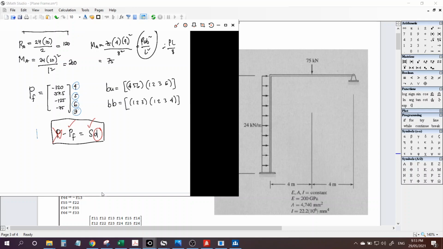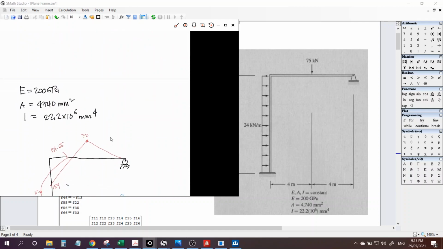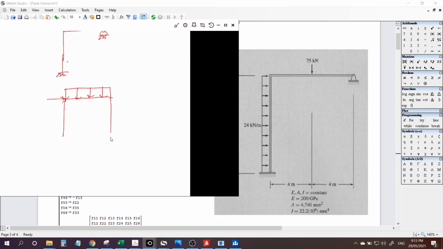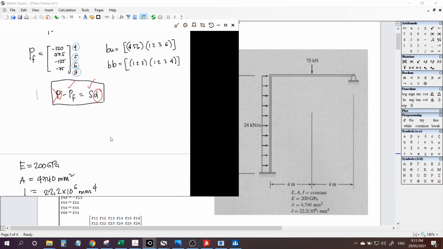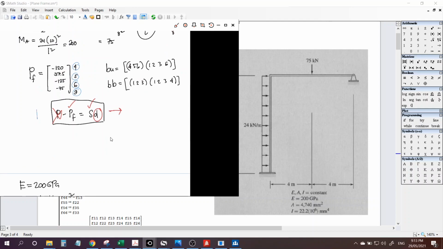We can now get the unknown displacements. So if we write this, D is equal to S inverse times negative P sub F.